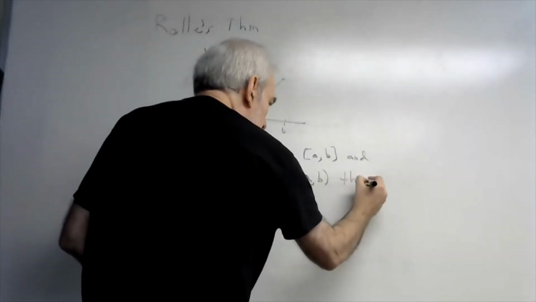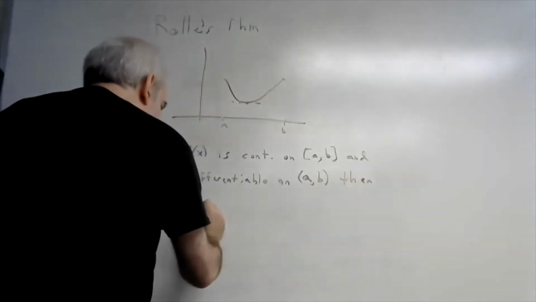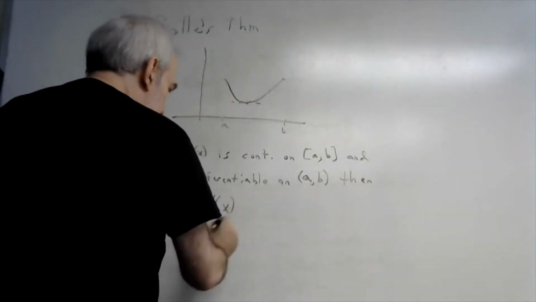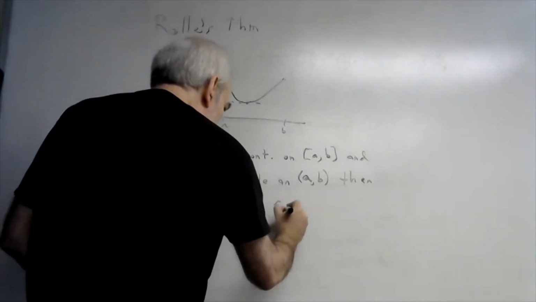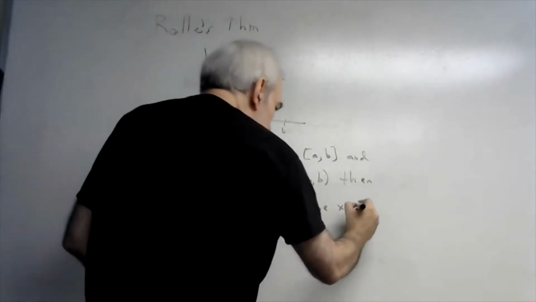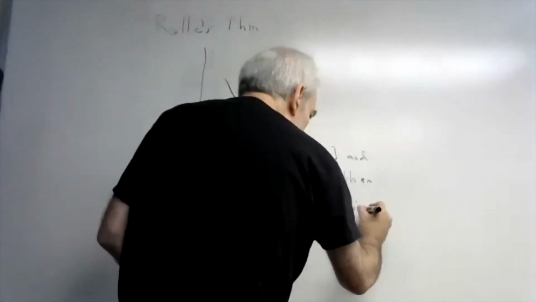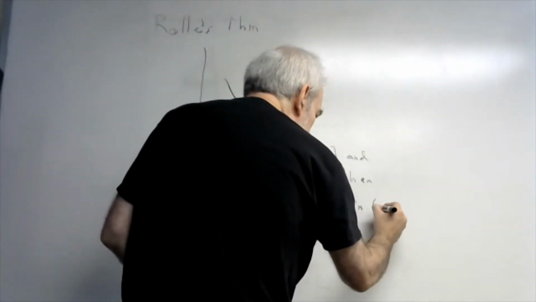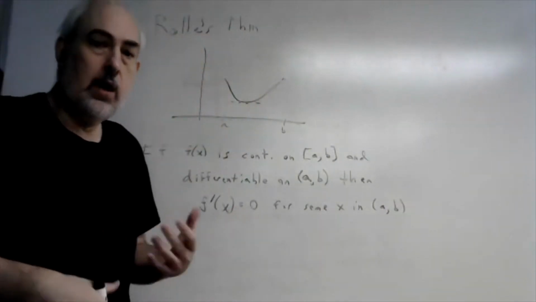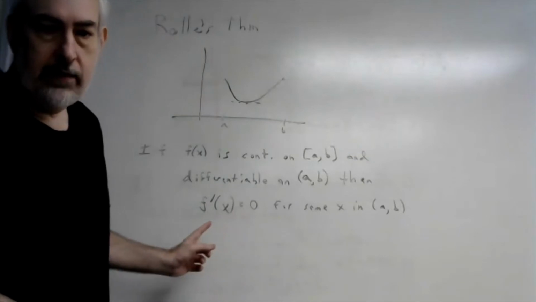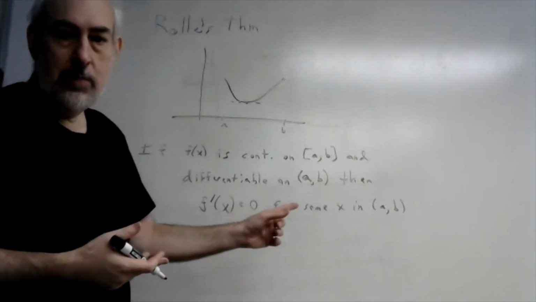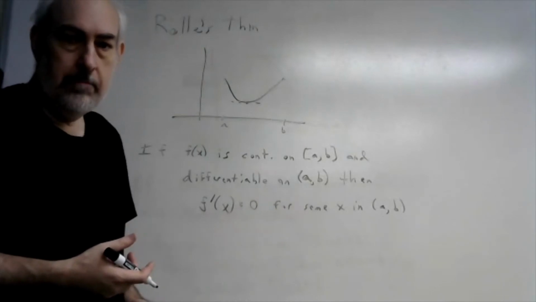Then the derivative of f at x is equal to 0 for some x in the interval a to b. Let me just state it like that. Now, some textbooks, instead of writing an x here, will say the derivative at c equals 0 for some c between a and b.